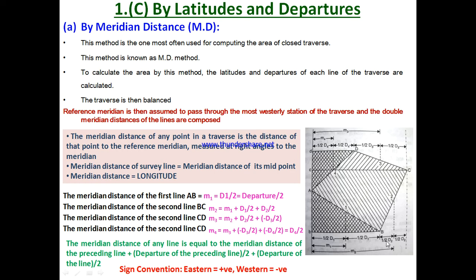If you see from the figure, this will be the latitude value, L3. So L3 into M3 for this particular case.